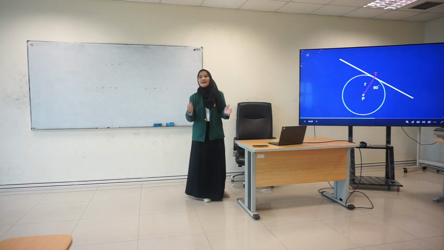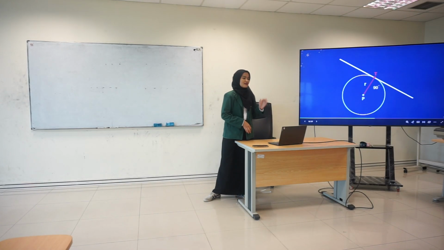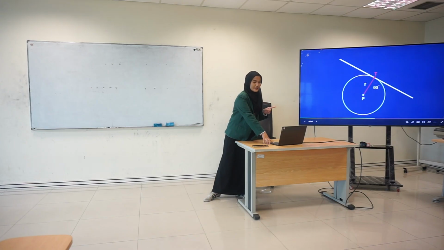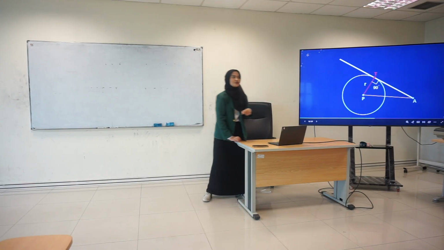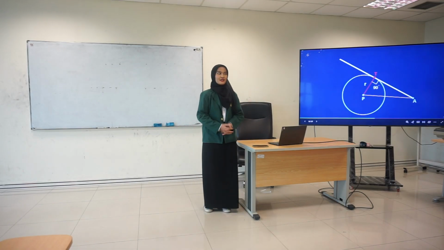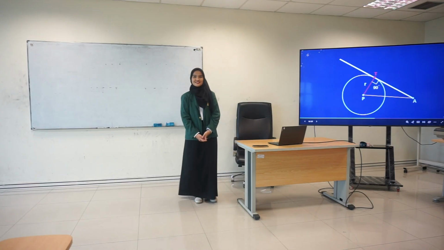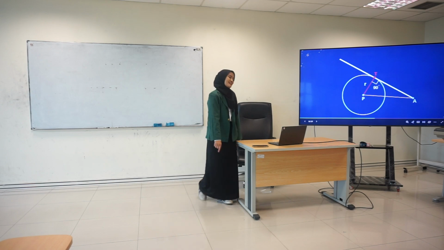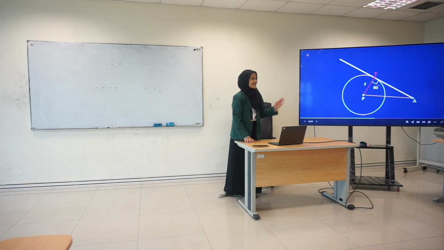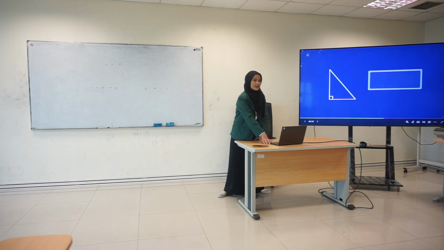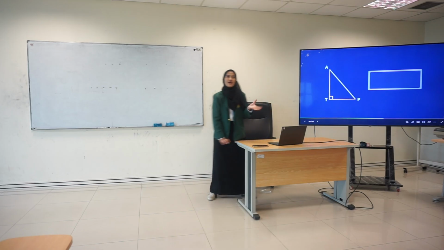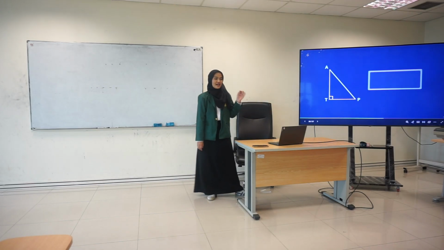Okay, back to this illustration. If we create another line from point P to a new point, which we name A, do you see what shape it is? A triangle. What kind of triangle? A right triangle. Good job. So if we take out the right triangle, we have points A, T, and P. We have triangle ATP, not APT.